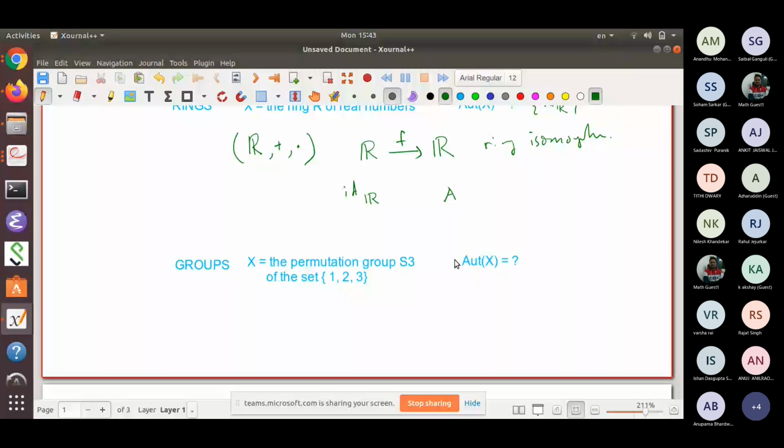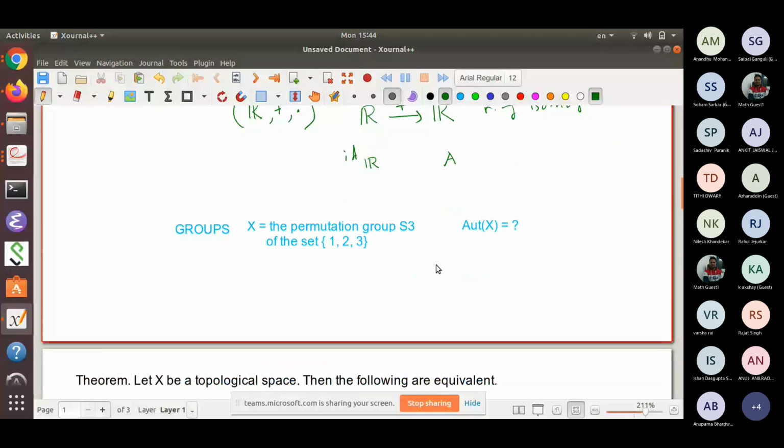Well, how will S3 act as automorphism on S3? So g goes to, you heard of inner automorphisms. Have you heard the word conjugation? So I asked you, prove your answer. But don't take up the time of the topology tutorial with the solution of such questions. But it's important you are able to solve these things to do topology.